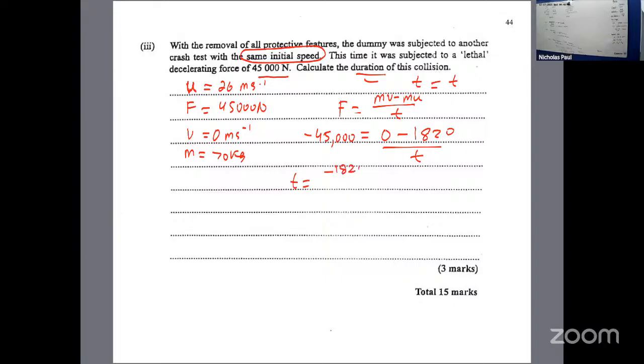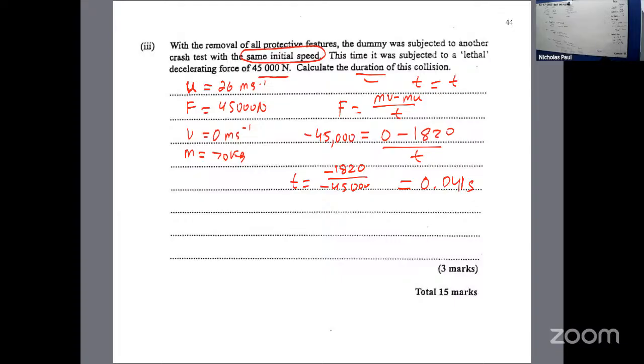So I have minus 1820 over minus 45,000. 0.04 seconds. All right, nice. So that's the way you handle momentum.